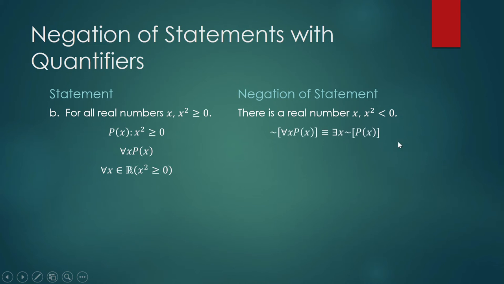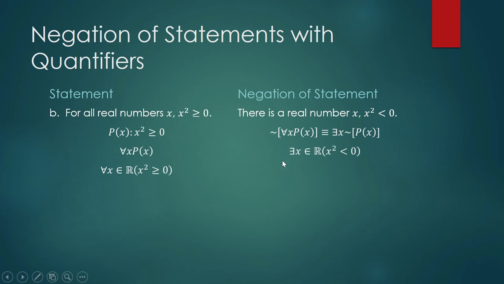In symbolic logic form, the negation of our statement with a universal quantifier is there is an x where P of x is not true. The original statement is saying for all x, P of x is true, but its negation is there is an x where P of x is not true.